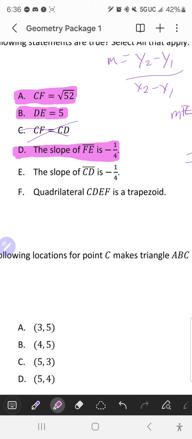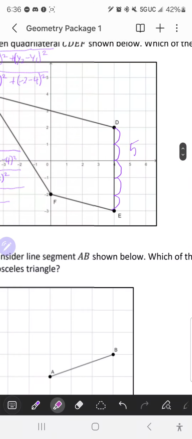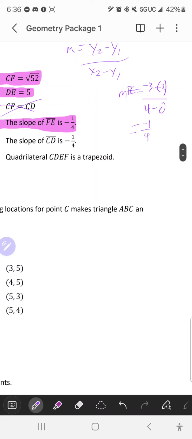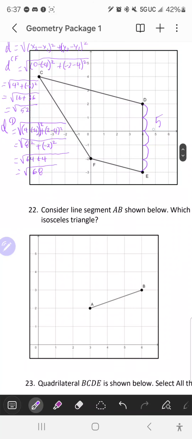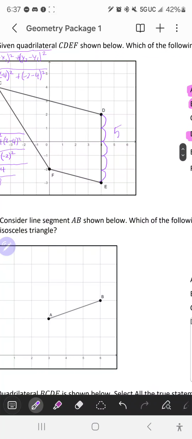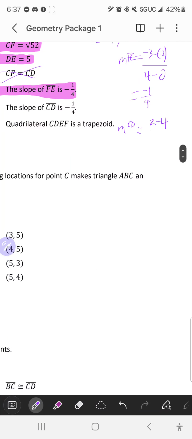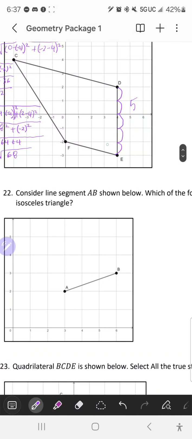Sorry, let's just keep going. Now for the slope of CD, we are going to use the slope formula again. We have m of CD equal to y2 minus y1, so this is going to be 2 minus 4, and x2 is equal to 4, and x1 is equal to minus 4.